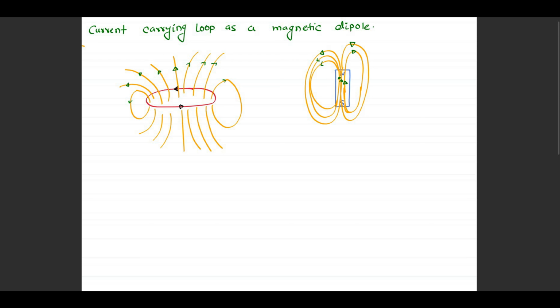So can I say in a way this current carrying loop is just behaving as a magnetic dipole? You must be reminded of electric dipole also. We call this kind of system as electric dipole, right? But remember, electric field lines were not forming closed loop, right? So that is why we can say a current carrying loop is behaving as a magnetic dipole. Okay.